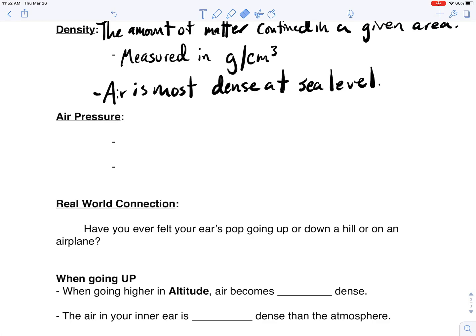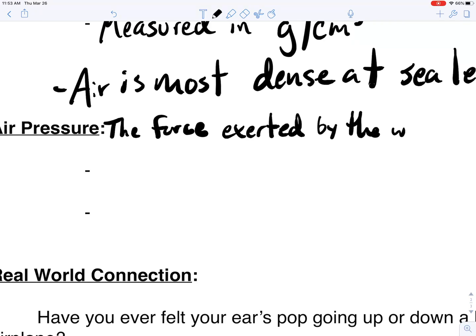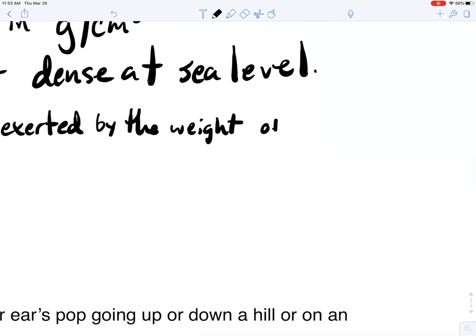All right. So let's talk about what air pressure is. Air pressure is a force. So we're going to call it the force exerted by the weight of Earth's atmosphere.